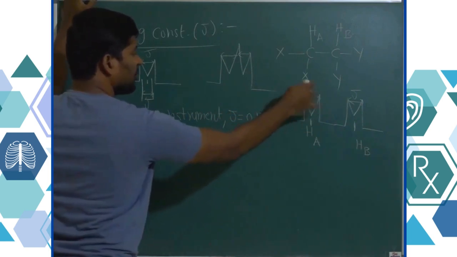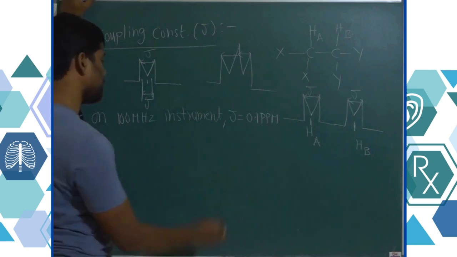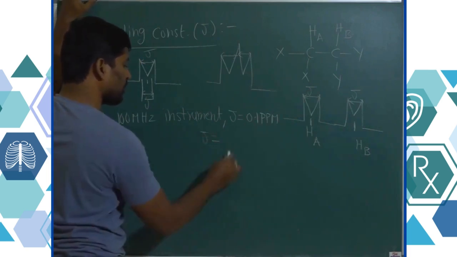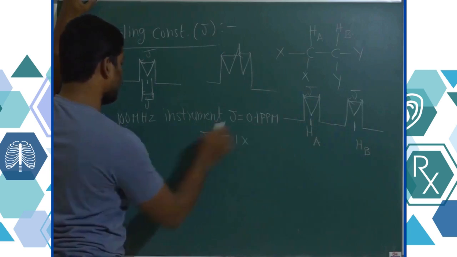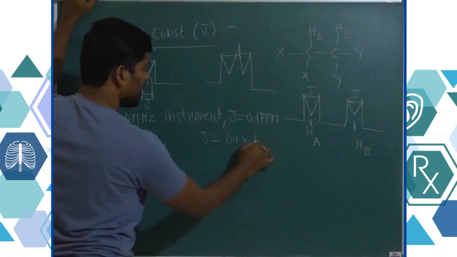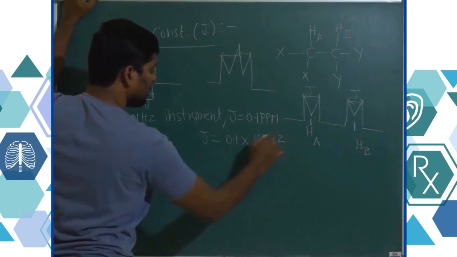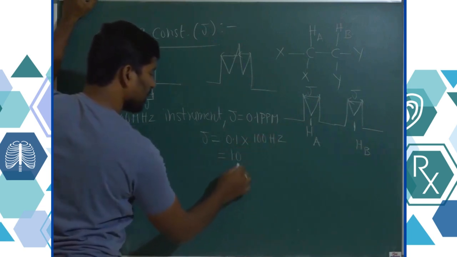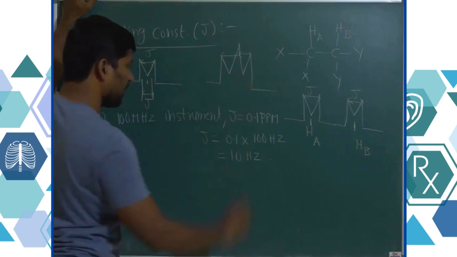This gap is 0.1 ppm. And 0.1 ppm means in Hertz how much will we get? On a 100 megahertz instrument, each ppm is equal to 100 Hertz. That means 0.1 ppm means 10 Hertz.